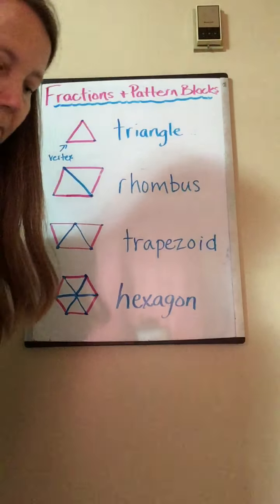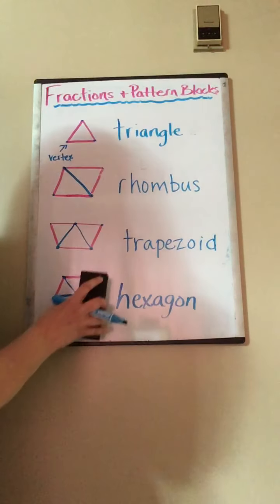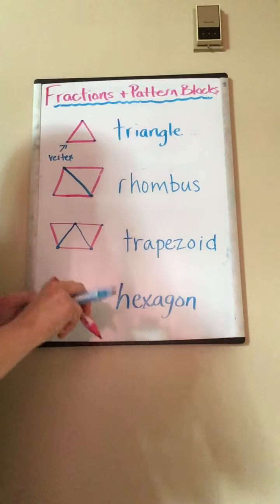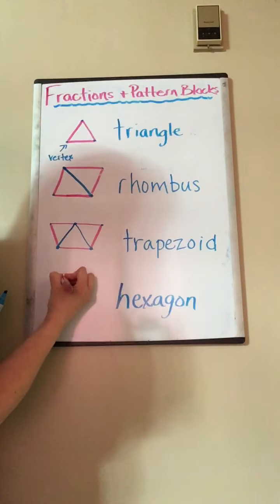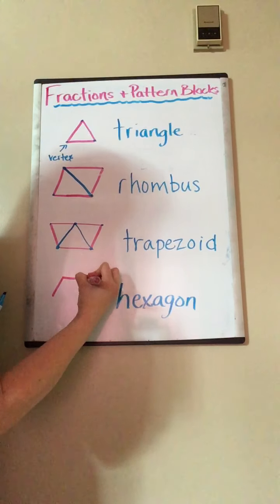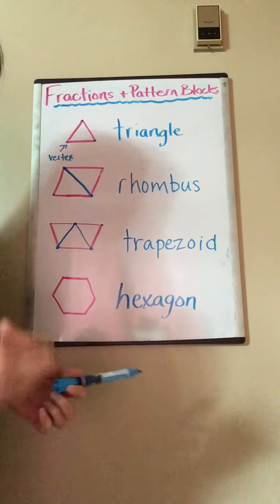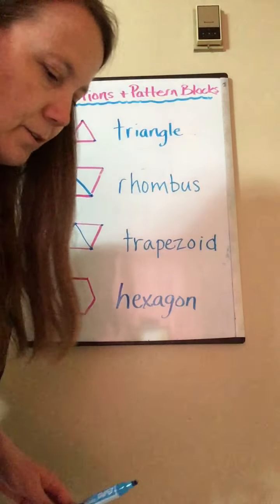Now, I want to show you something interesting. Let me get rid of that. I'll draw one more hexagon. Now, the fun way to draw a hexagon is to just draw 6 sides, all equal length. Did you see that? Now, let me ask you this.